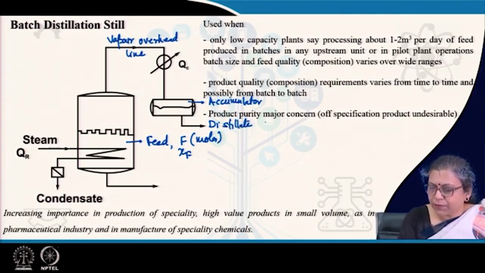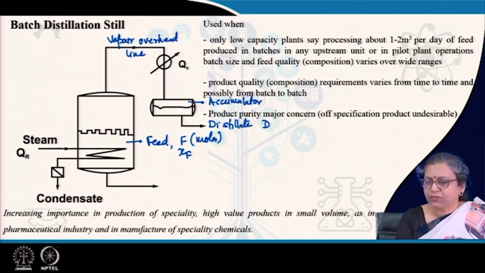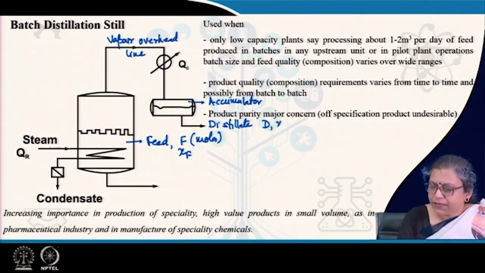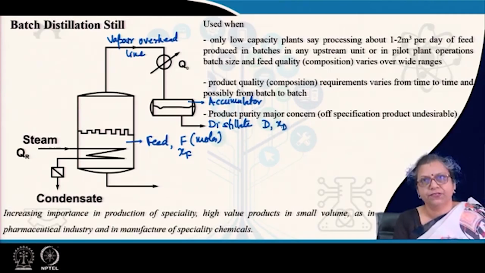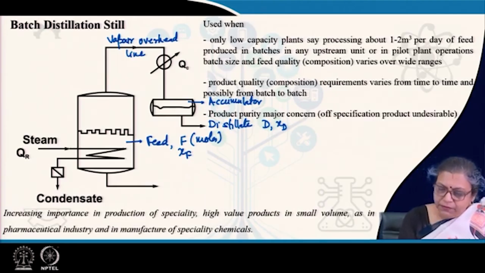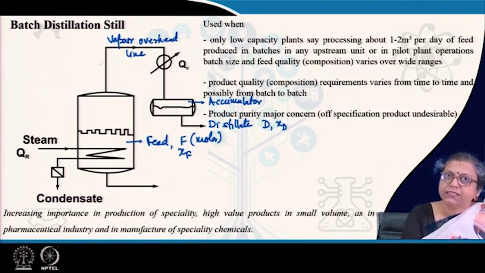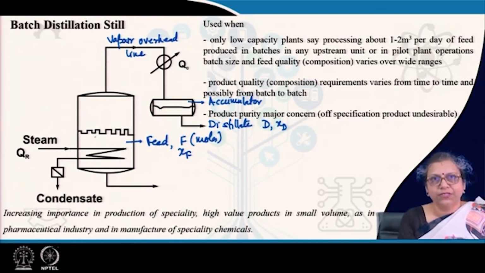The distillate amount over a particular time duration is D, and its composition is given by XD, and distillation keeps on proceeding in this particular way. Now, as distillation proceeds, what do you expect is going to happen? Initially the more volatile components will start vaporizing, and with time gradually the more volatile components get depleted in the feed.